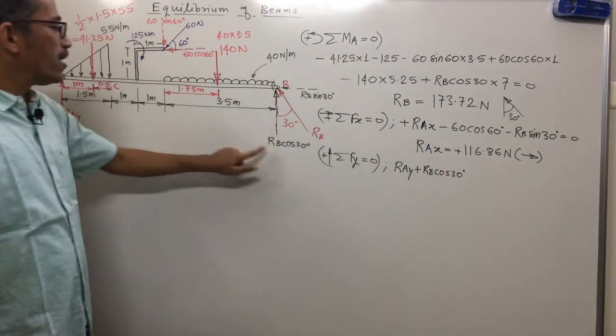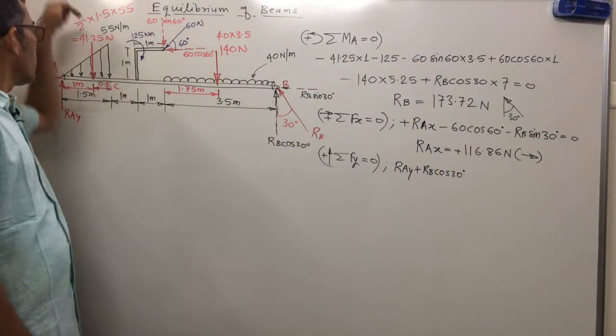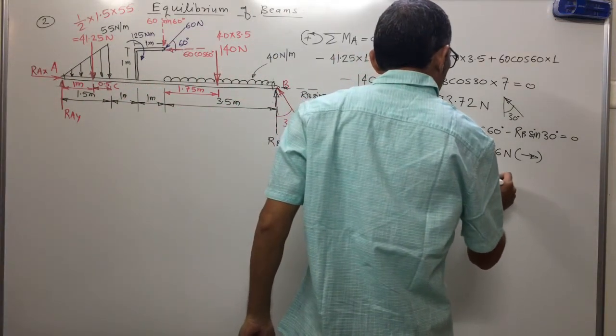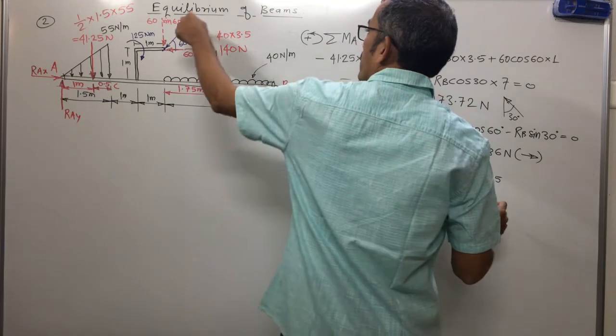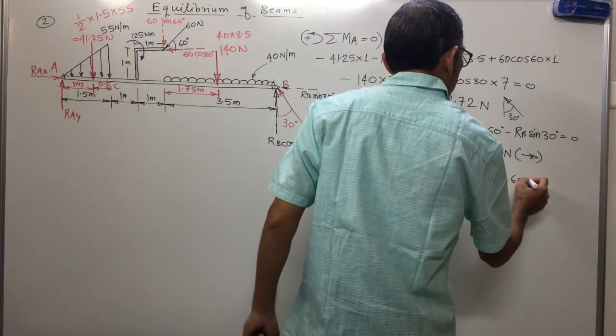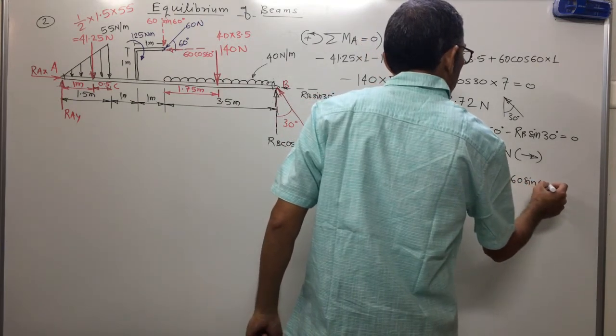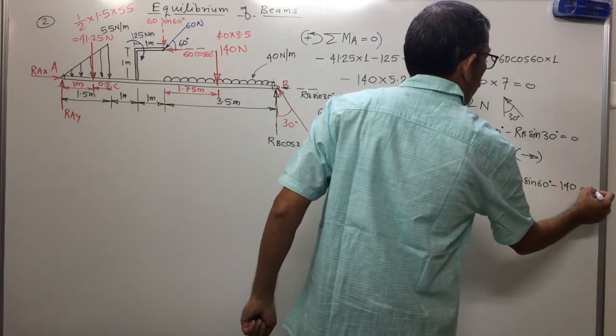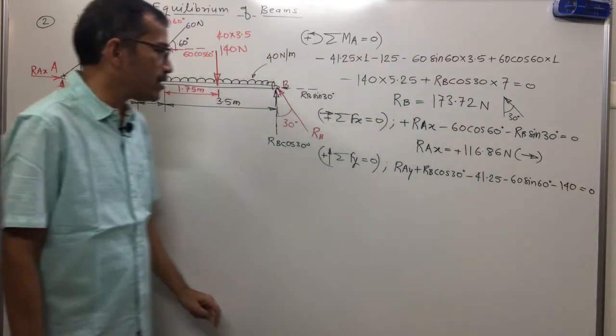Then 41.25 downward, 60 sin 60 downward, and 140 downward equal to 0.